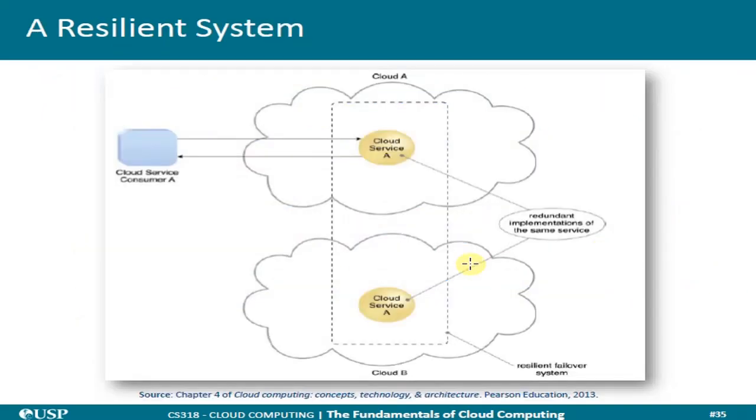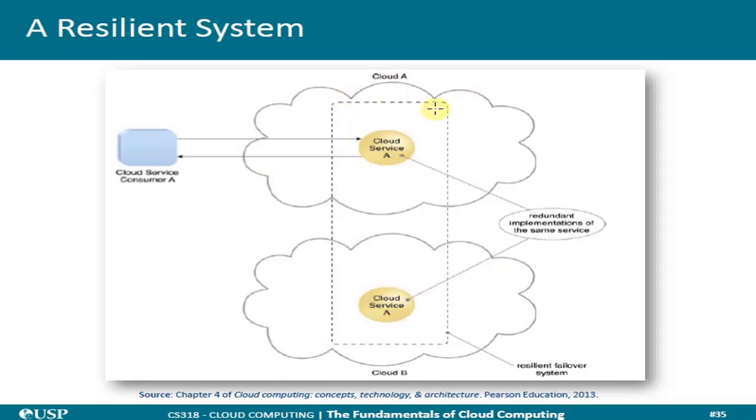So a resilient system could look something like this. Let's say you have cloud service A being provided here, and cloud service consumer A is using this cloud service. Now, the provider could have a redundant implementation of the same service available somewhere else.